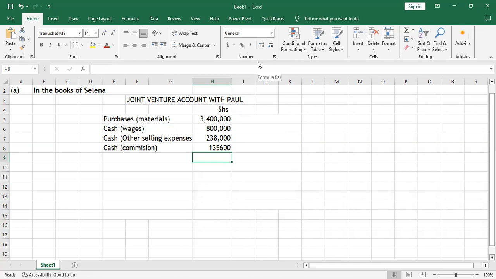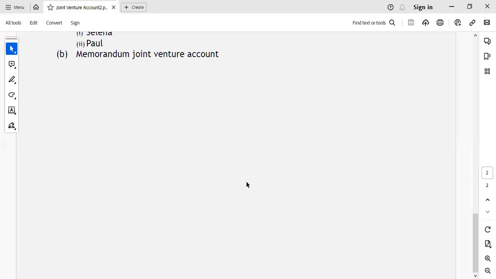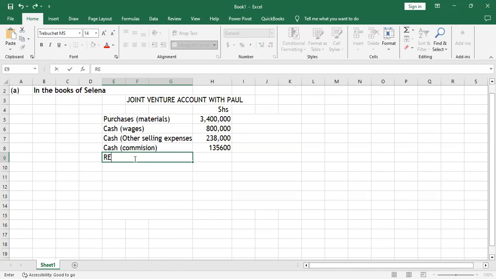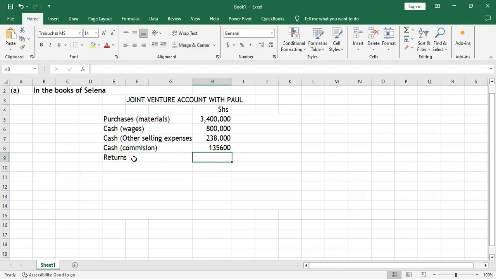Then what else do we have? We have returns. Selena sold goods, but goods worth 200,000 were returned by the customer because they were expired. So we debit Selena's account with the goods that were returned. So we say returns, 200,000.